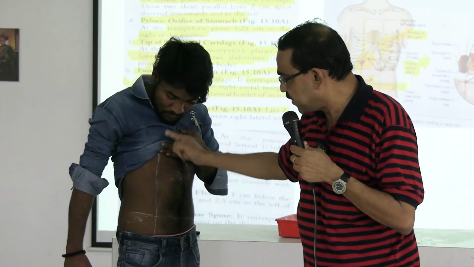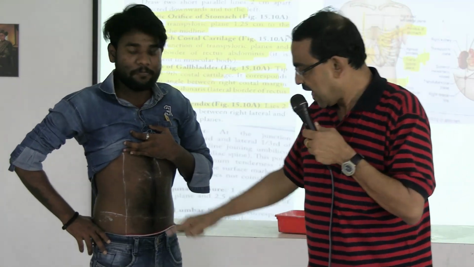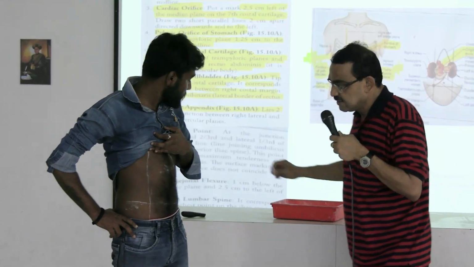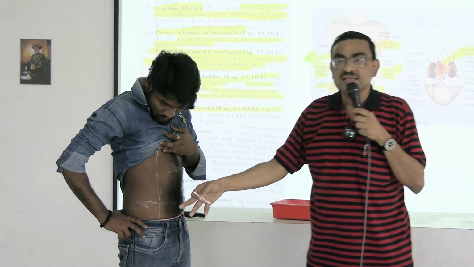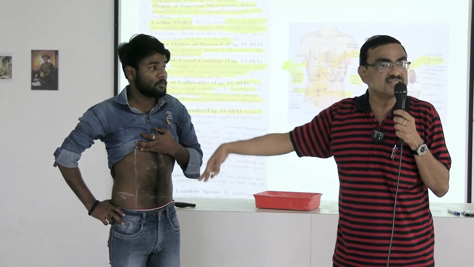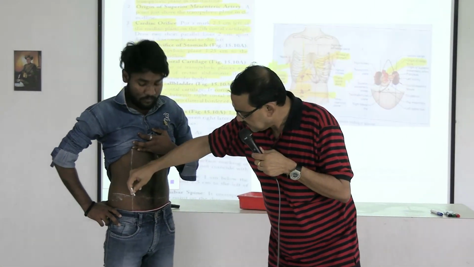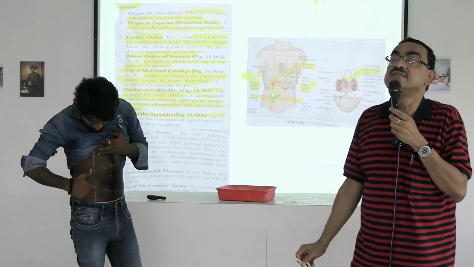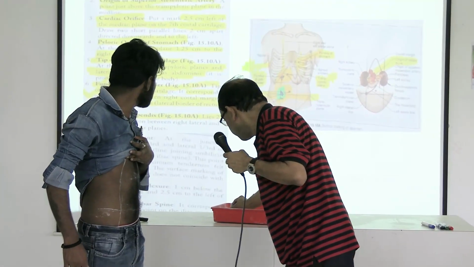So this junction between the right mid-clavicular line and the transtubercular plane, this is one point. This point, the intersection of the transtubercular plane and the right clavicular line, is nothing but the opening of the ileocecal valve.